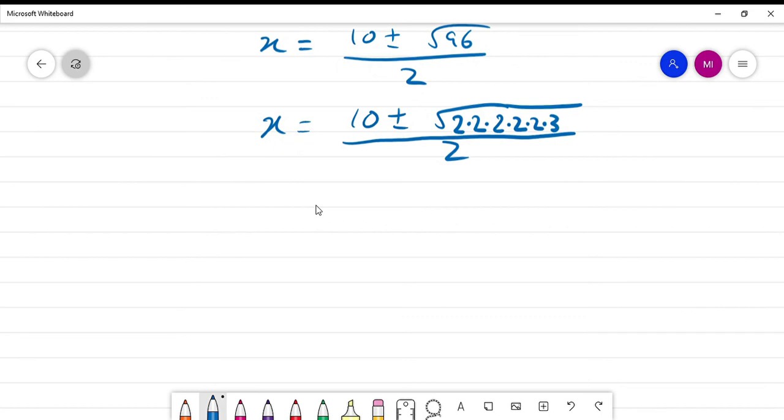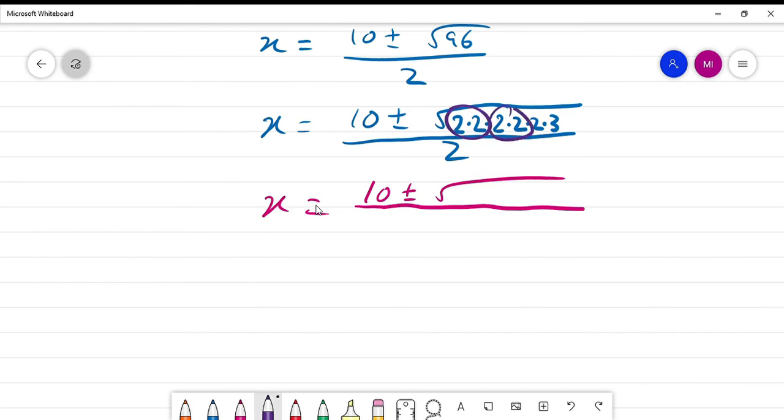So we get x is equal to 10 plus minus under root of, this is a pair and this is a pair, so under root of 2 squared into 2 squared into 2 into 3, which is 6, divided by 2.